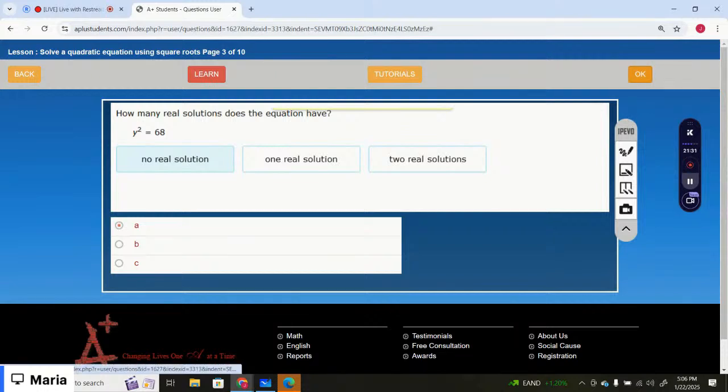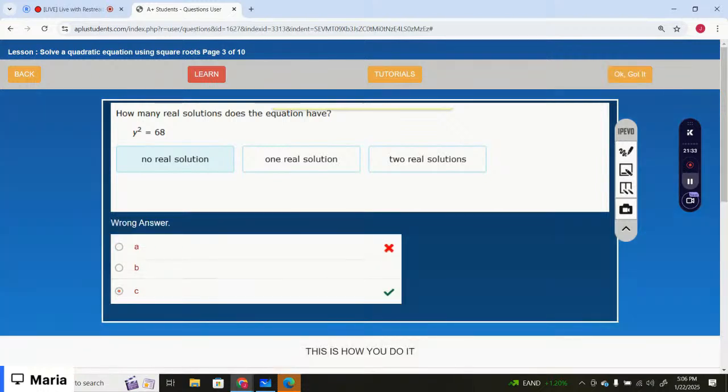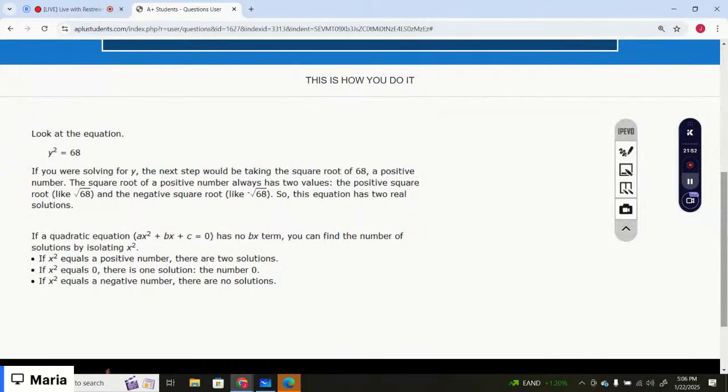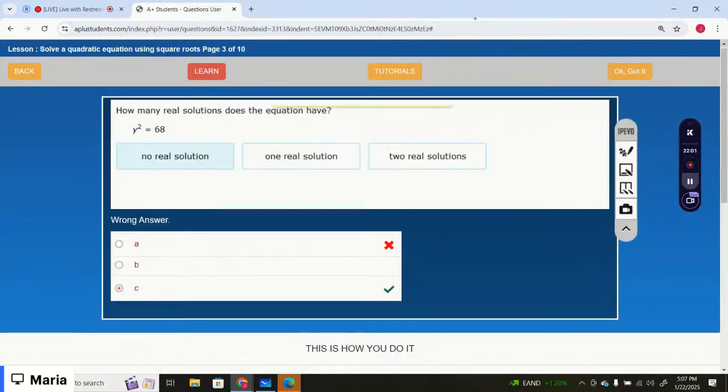Option number A is the correct option. Two real solutions. Yes, square root 68 has two real solutions. The correct option is option number C.